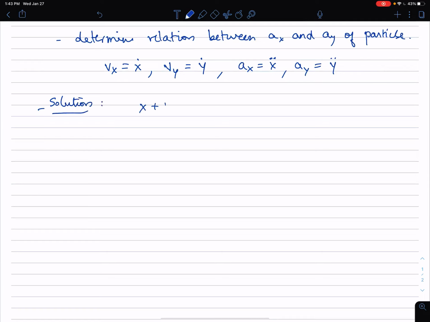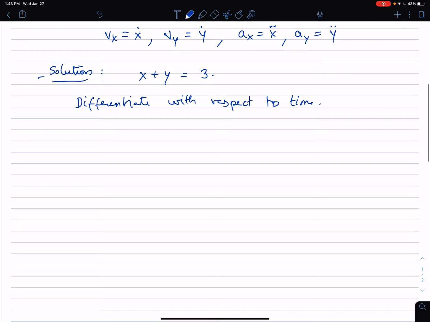This is equation number 1. Differentiate with respect to time. So basically we have d by dt of x plus y equals d by dt of 3.